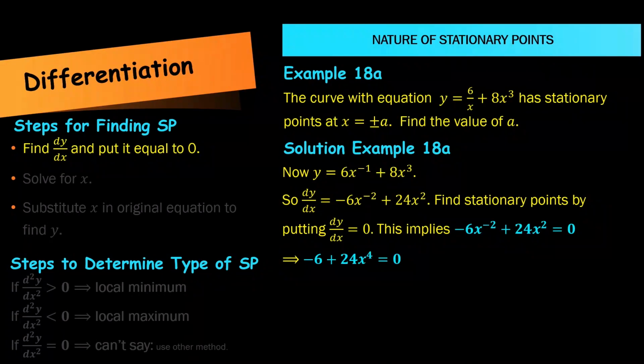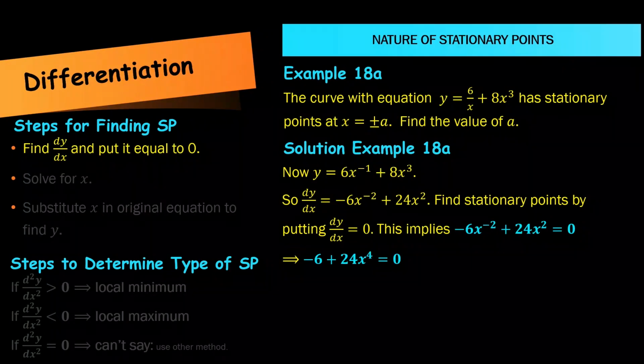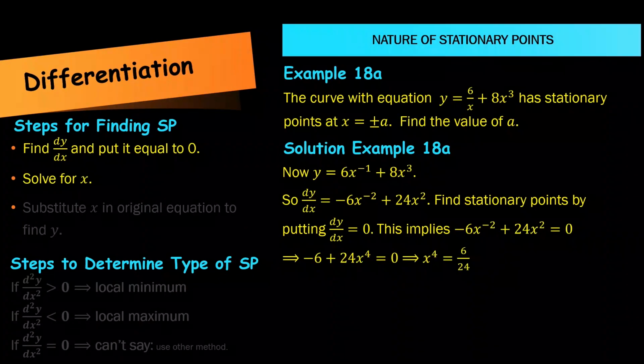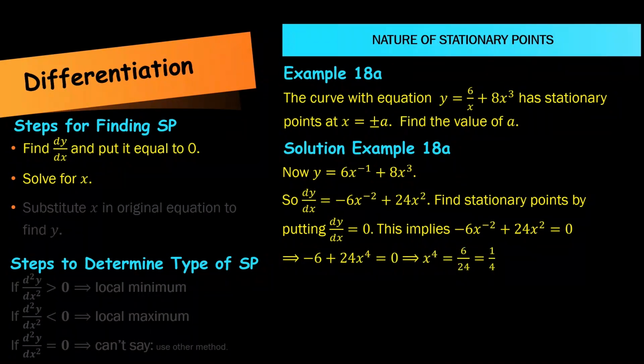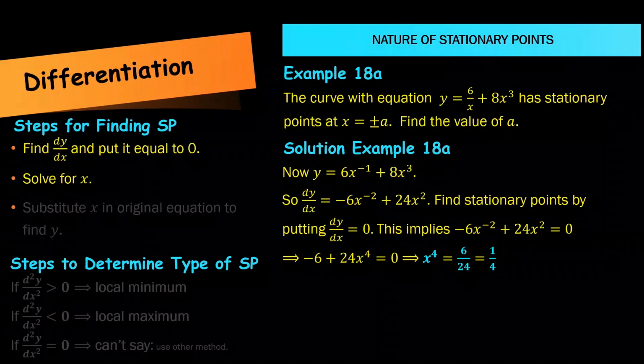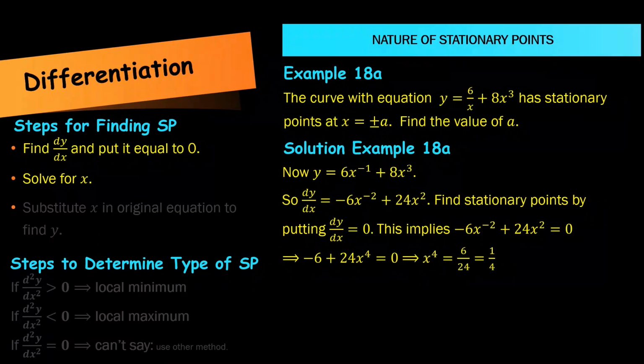And solving for x gives us x to the 4 equals 1 over 4. And therefore x equals plus or minus 1 over root 2. Hence we have that a equals 1 over root 2.